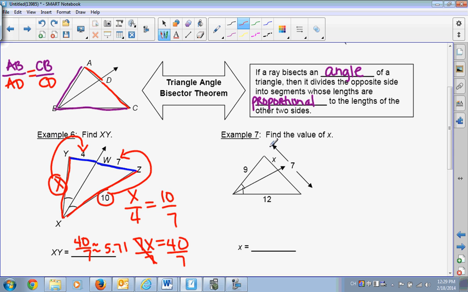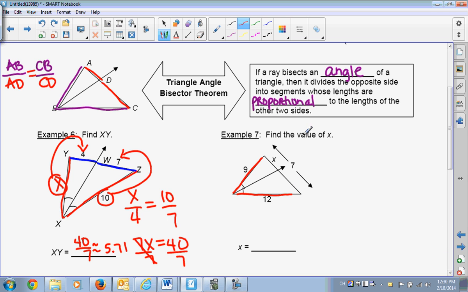Okay, let's continue on with example 7. If you notice, this triangle looks really similar to this triangle over here. It's being cut by the ray. You have 2 congruent angles. 9 on this side, 12 on this side. These sides are corresponding.